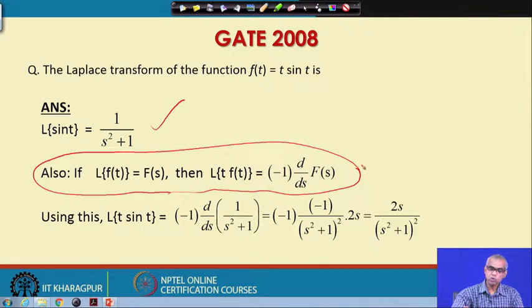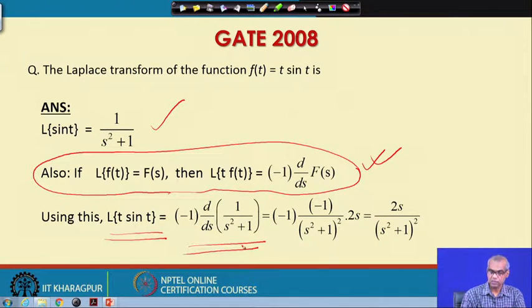So, let us make use of this relationship and then we can find the Laplace transformation of t sin t as this, which finally can be simplified to this.